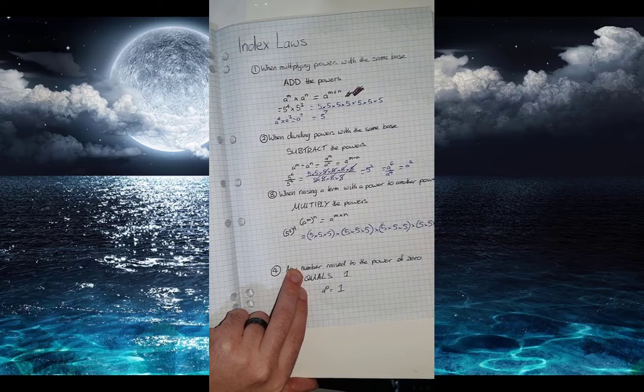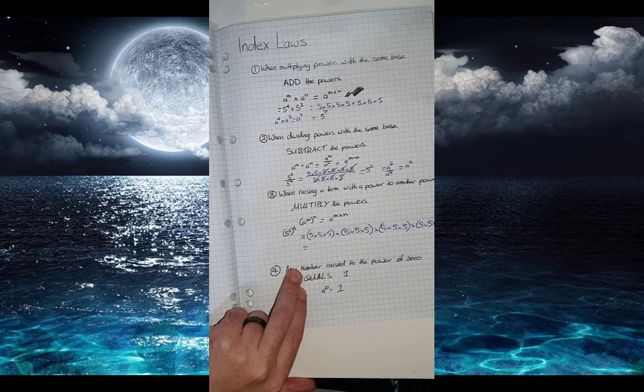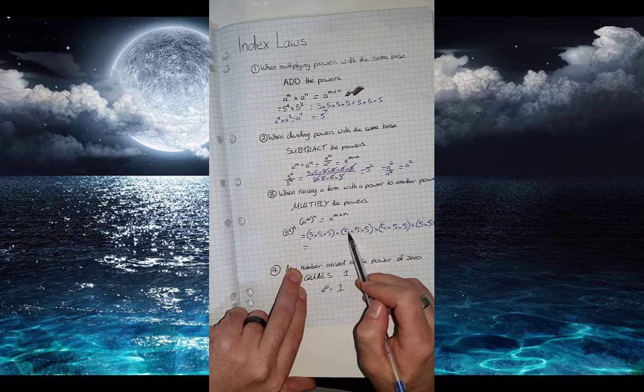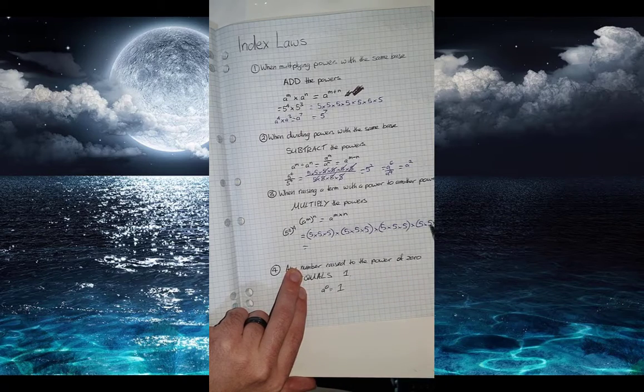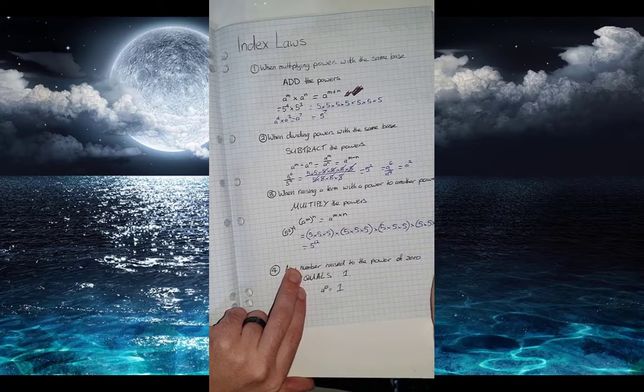Now what we can do using this is count up how many bases we have. 1, 2, 3, 4, 5, 6, 7, 8, 9, 10, 11, 12. So we've got 5 to the power of 12.